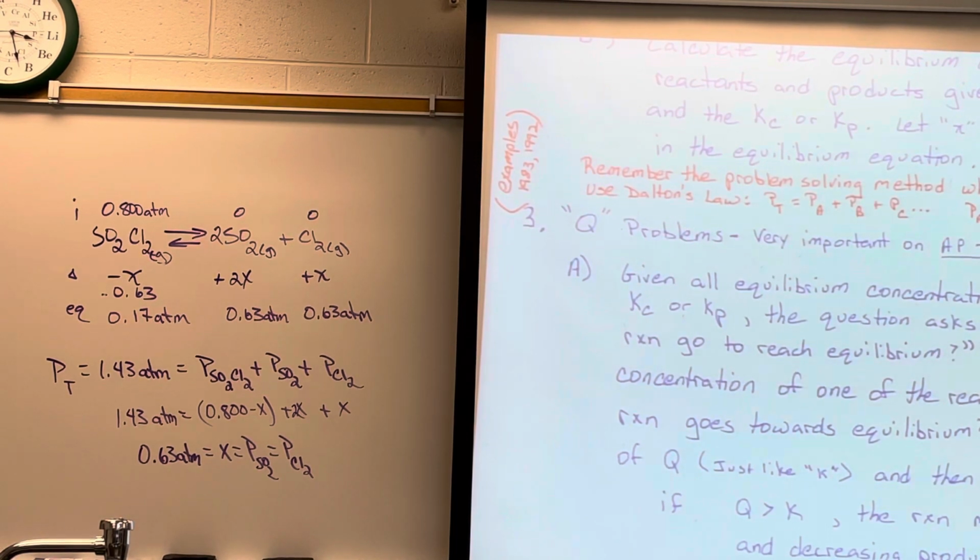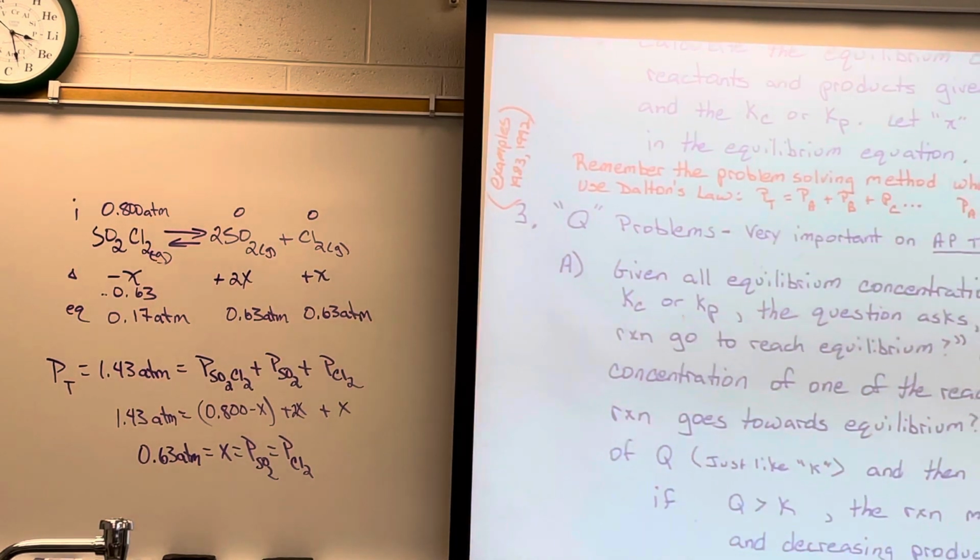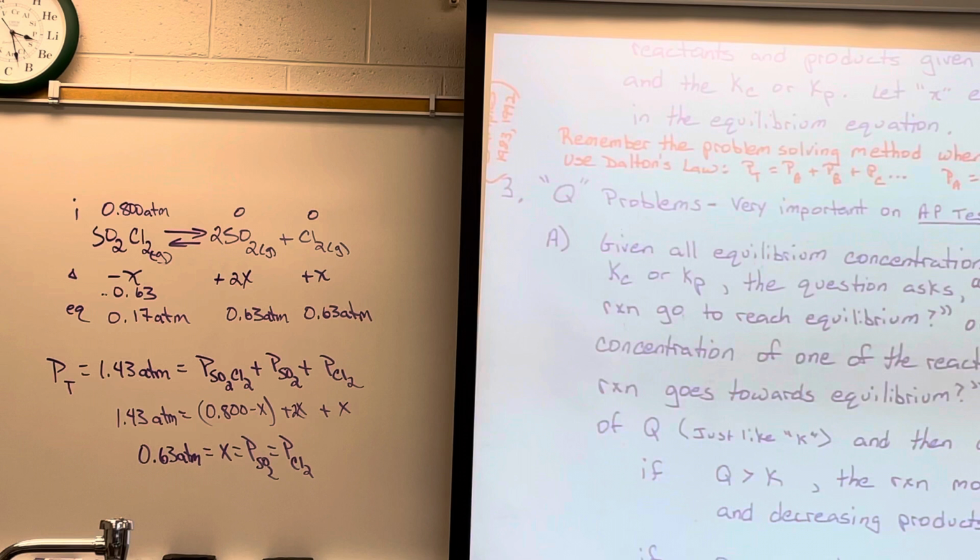Q problems. They're all over the AP test. These are the type of Q problems. Given all equilibrium concentrations and the value of the Kc, the question asks, what direction will the reaction go to reach equilibrium? Or is the system at equilibrium? If not, what direction will it have to go to reach equilibrium?